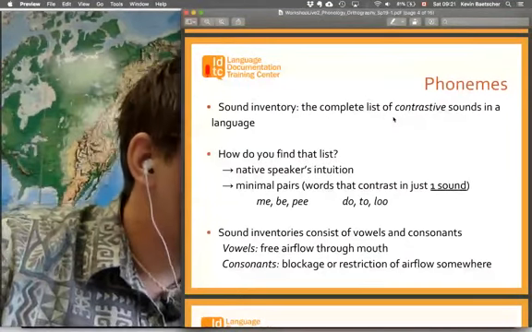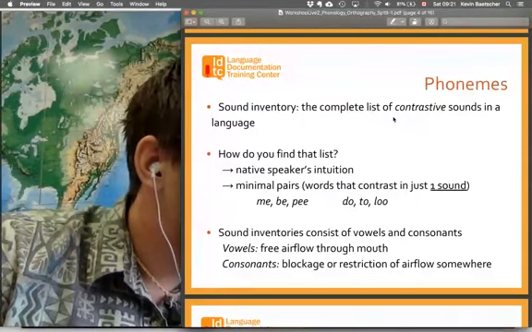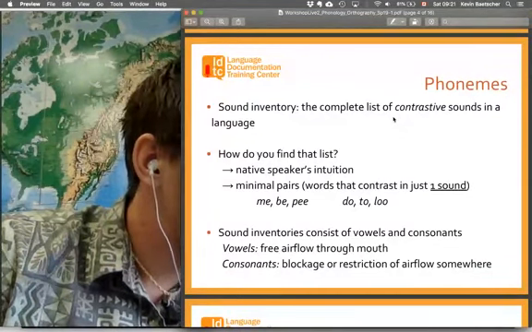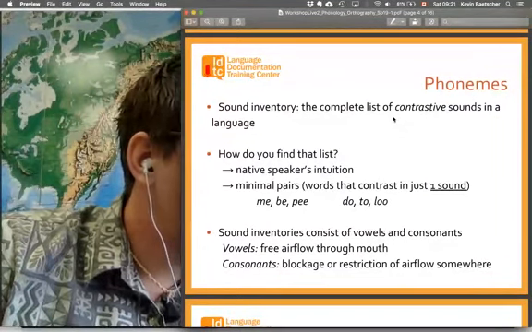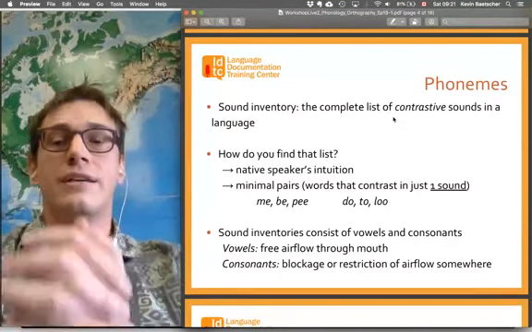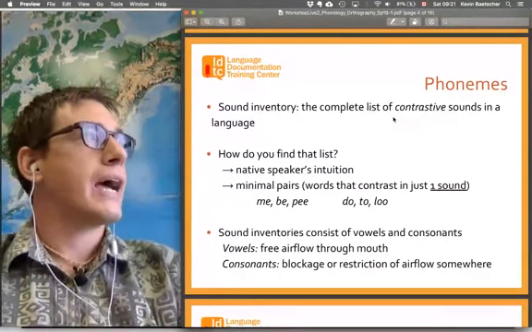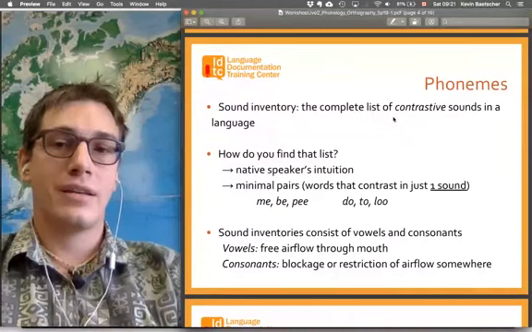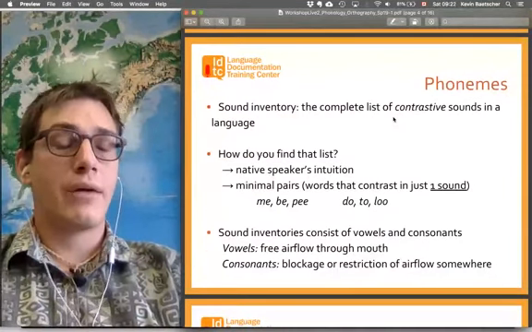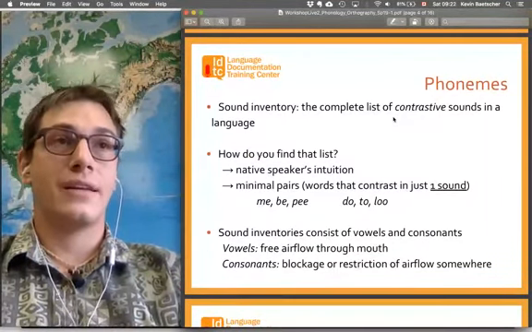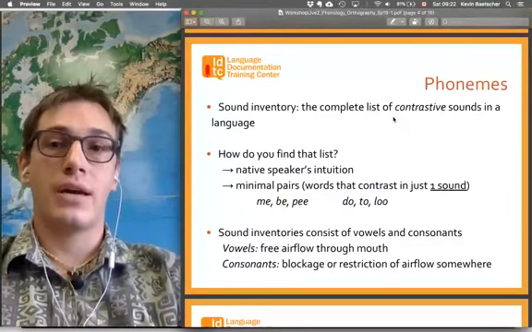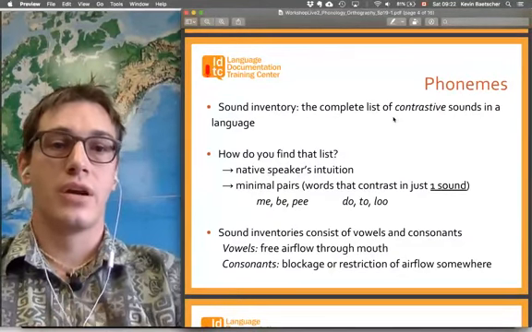So let me go back real quick and see what you guys wrote here. Could ST be considered one sound? Well, yes, actually, in some languages, it's not. Languages can differ in what exactly counts as one phoneme, as one sound, as opposed to another.